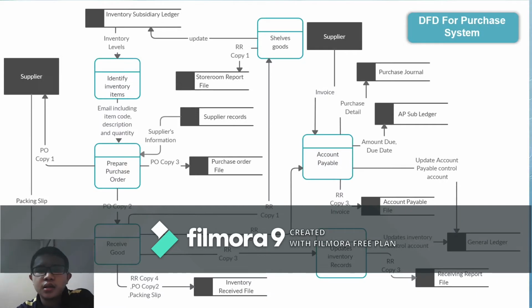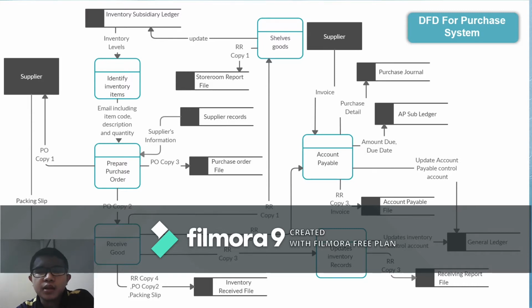And then the DFD for the purchase system. First, they start with the inventory control department. They will identify the inventory item, and then email the purchasing department, which will prepare the purchase order, and the PO will be sent to the supplier, and the supplier will deliver the goods with the packing slip.